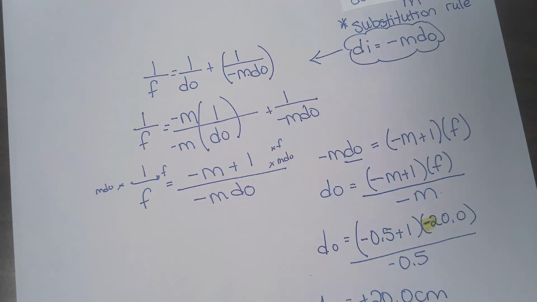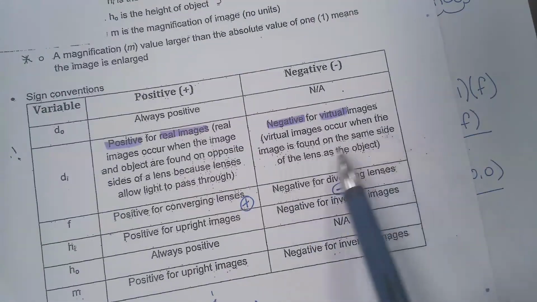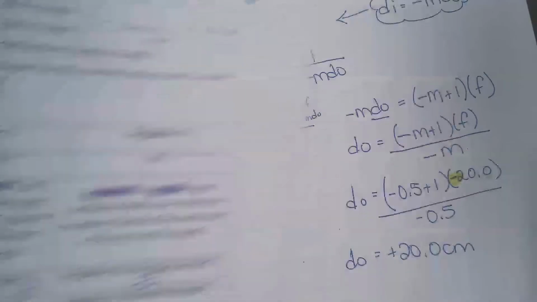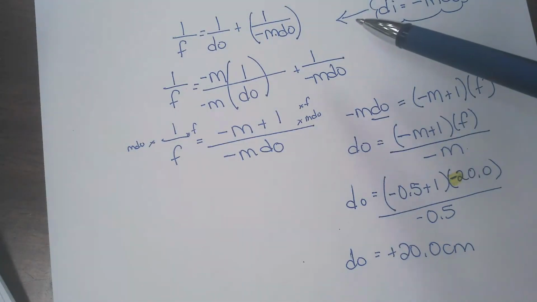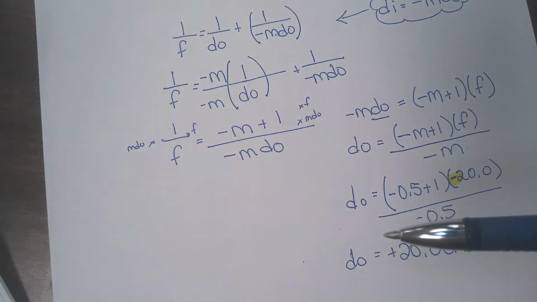So a virtual image means that it has to be on the same side. A virtual image occurs when the image is found on the same side of the lens as the object. Well, it's here, at the 20 centimeters.